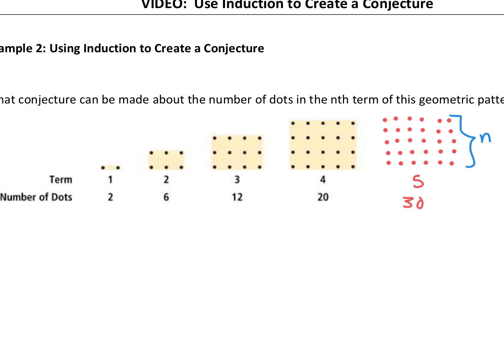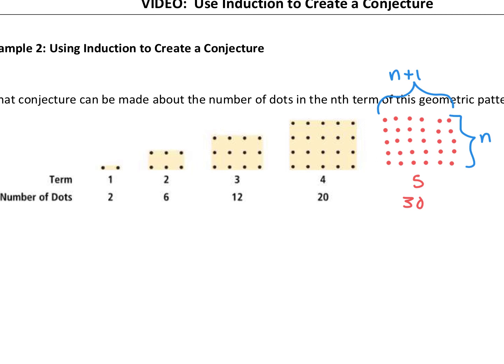How many dots are there in the width? Well, if there are 5 dots in the length, we said there was 1 more in the width. 1, 2, 3, 4, 5 plus 1. So if our number of dots in the length was n, then we can add 1 to it to find n plus 1.